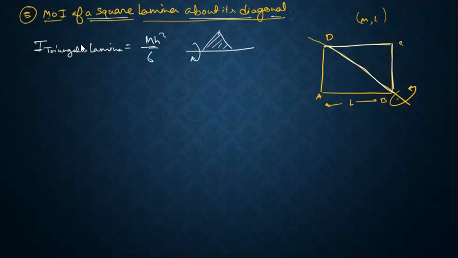So we can think that in this part the mass is m by 2 and in this part the mass is m by 2.